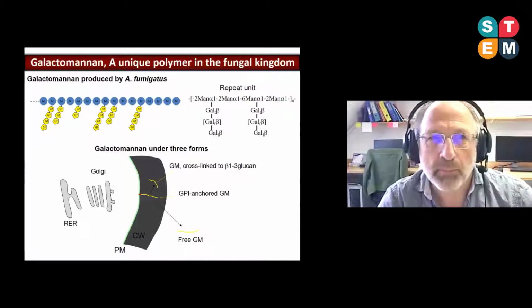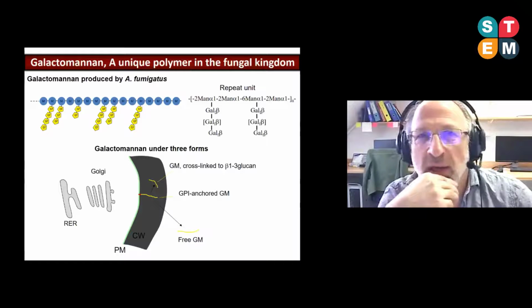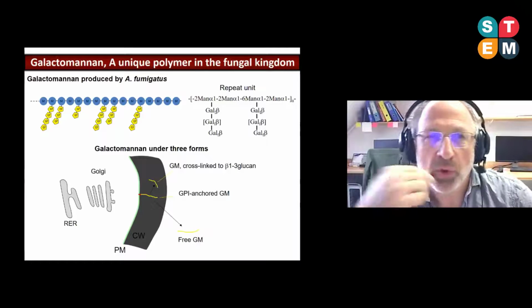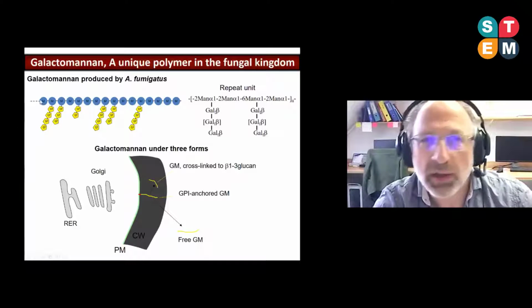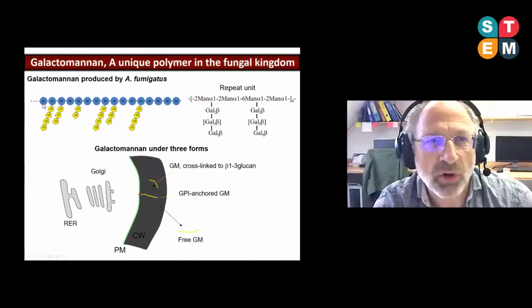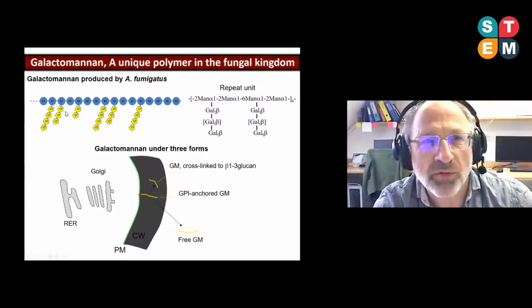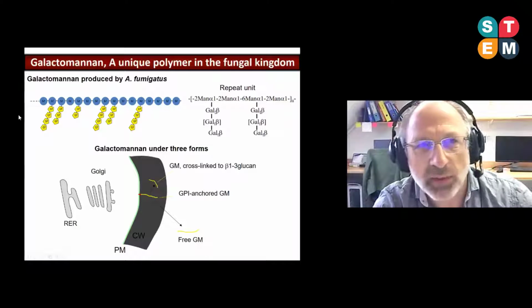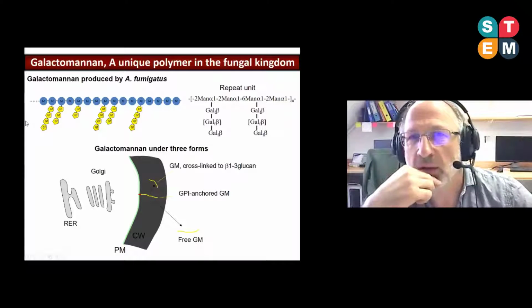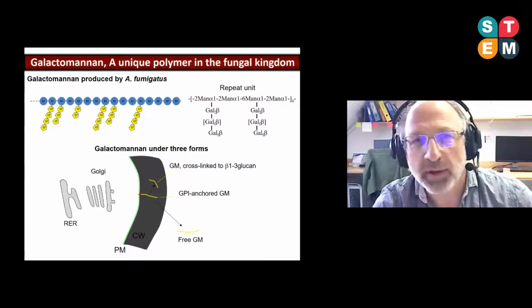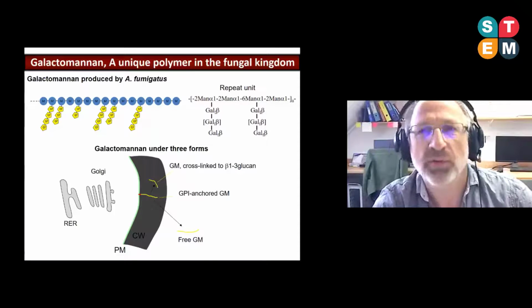The galactomannan is a really unique polymer in the fungal kingdom. We schematically represent it as a linear chain of mannose with side chains of galactofuranose. This galactomannan is an antigen used for the diagnosis of invasive aspergillosis.